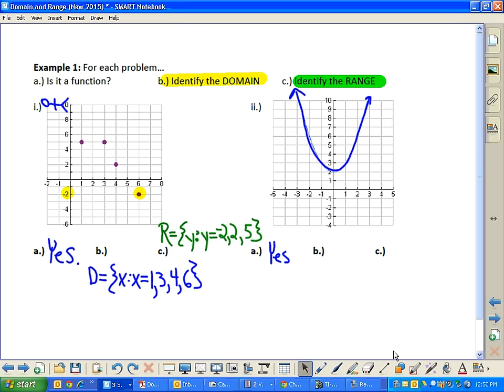I'm going to go ahead and start identifying the domain of this function. And I'm going to have you take a walk again. And again, when we identify the domain of a function, we're looking for our possible values of x. So you'll see now I'm standing at negative 5. And that's kind of tough.